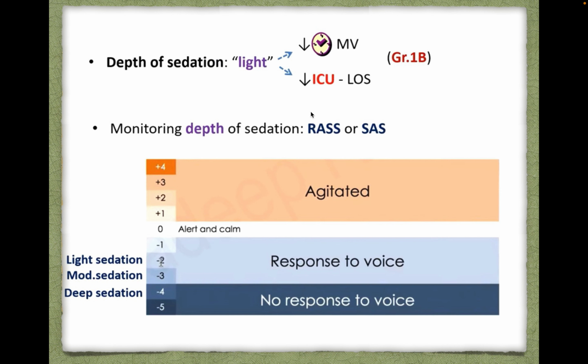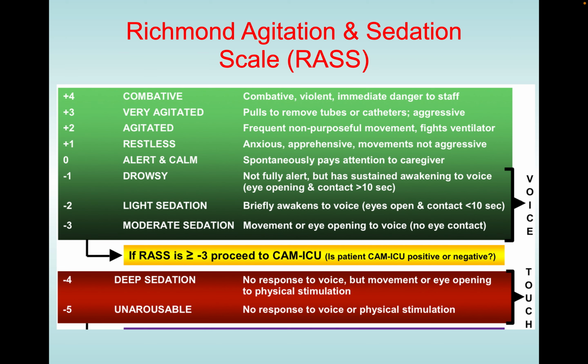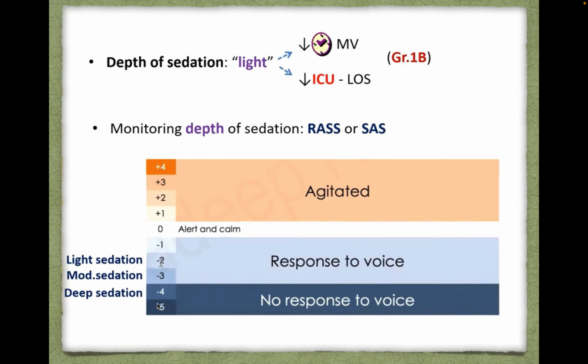You monitor the depth of sedation by RASS, which we just discussed. So 0 is alert and calm, +4 is too agitated or a combative patient, and -5 is not arousable. We don't want -5, -4, we don't want +4 also, we want 0.